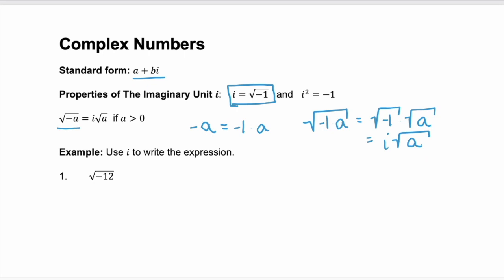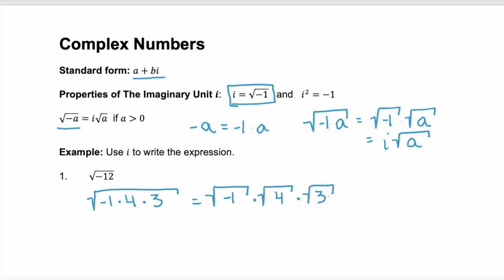So let's use i to rewrite the expression square root of -12. Well, the square root of -12 is the same as the square root of -1 times 4 times 3, or the square root of -1 times the square root of 4 times the square root of 3.